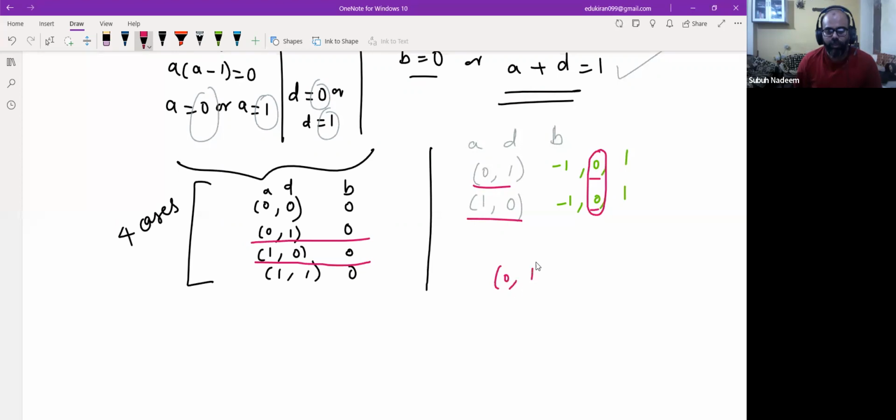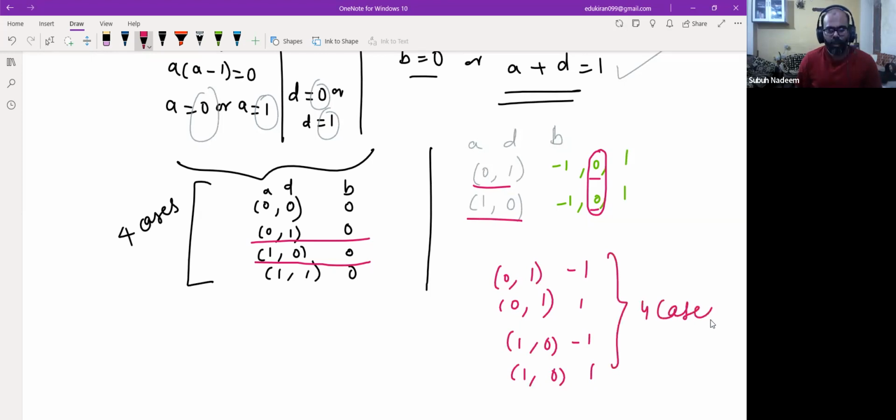So the cases would be 0 1 minus 1, 0 1 1, 1 0 minus 1, and 1 0 1. So there are the 4 cases here, and the 4 cases there. So 4 cases plus 4 cases, overall you will have 8 cases. Is it okay? Are you getting this?